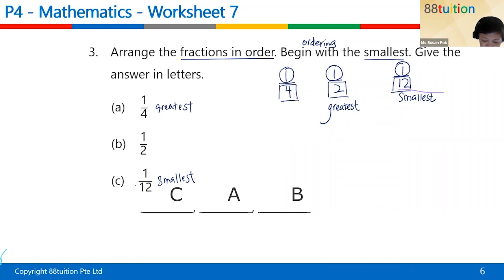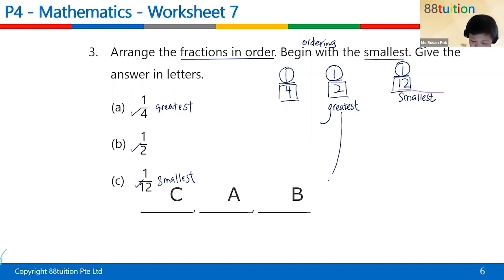So I have C, A, and B. Susan, you read wrongly. The greatest is B, not A. C is the smallest, right? Yes, but A is not the greatest. B is the greatest. B is the greatest, right?